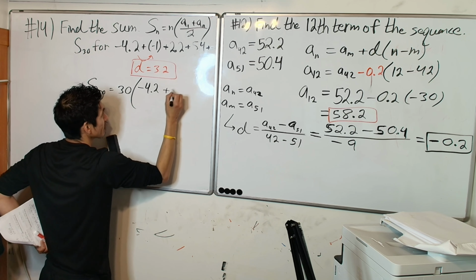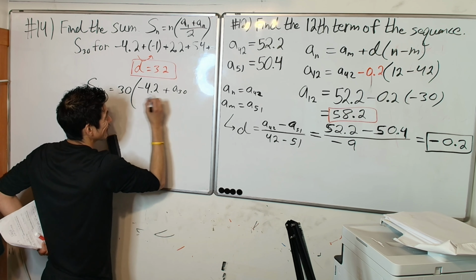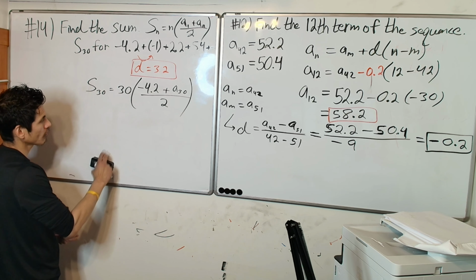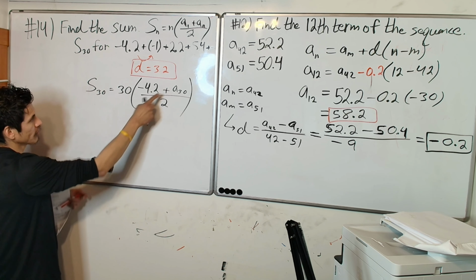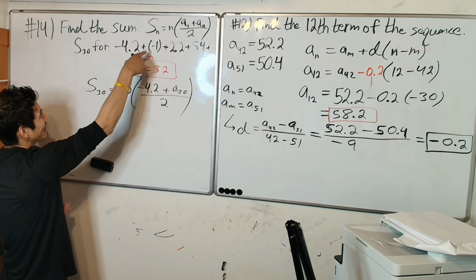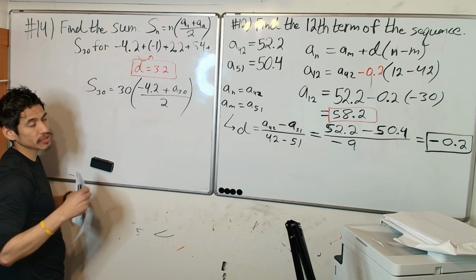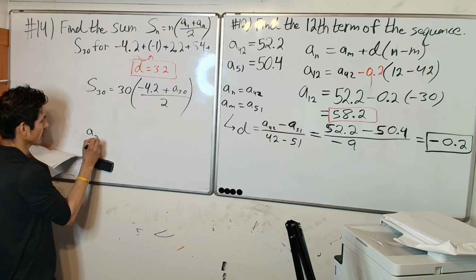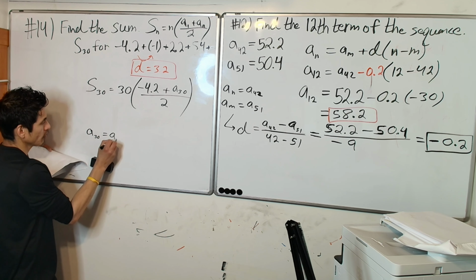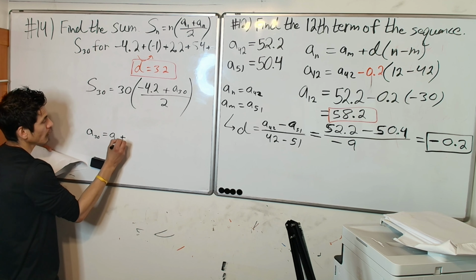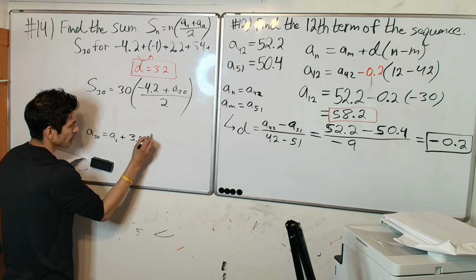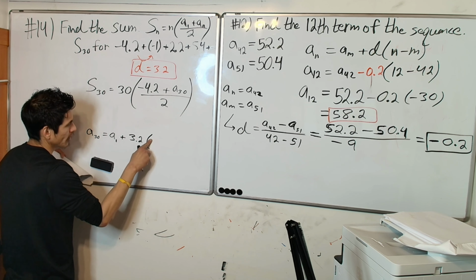So we need to find A30 over 2. And we can find A30 by just plugging it into our equation for an. So A30 will be A1 plus d, so plus 3.2 times n minus 1.